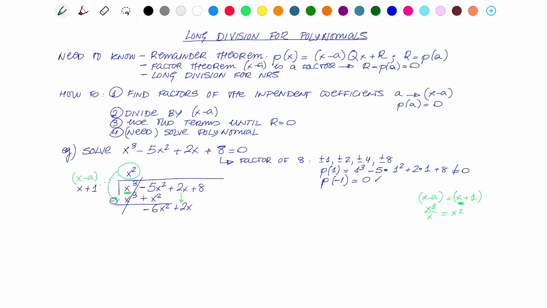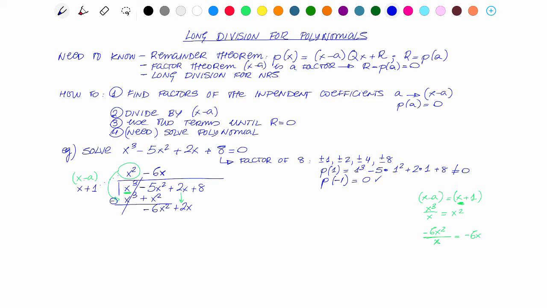And we repeat the same process in our mind. We think, okay, now we've got minus 6x squared, and we only look at that part, and we divide by x. Well, that's going to give me a minus 6x. That's going to be the next term in the quotient. And we will repeat the process.